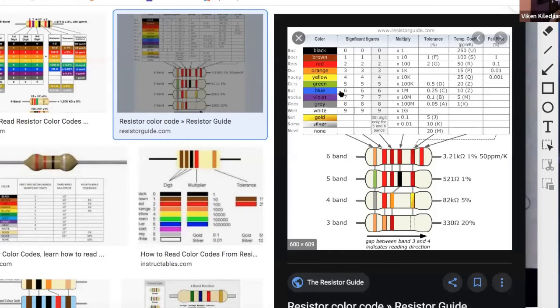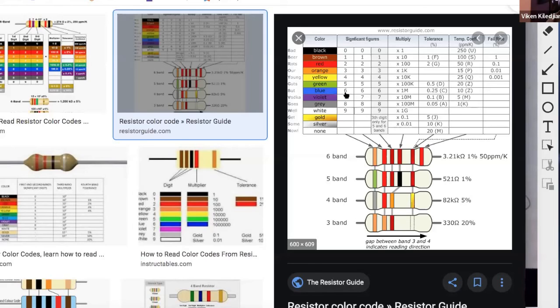Okay, so blue is a 6. Red is a 2. So 62. And orange is the power of the 10. Oh, that's actually big. 62 kilo ohms.